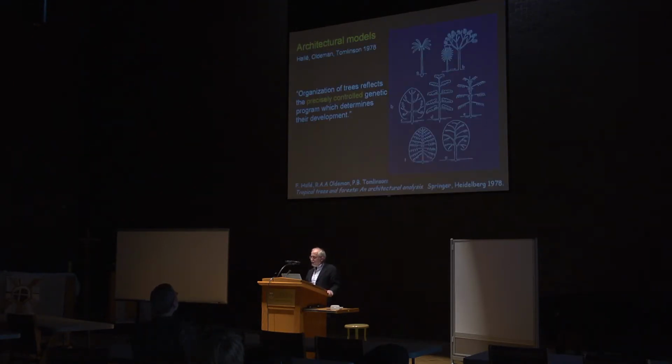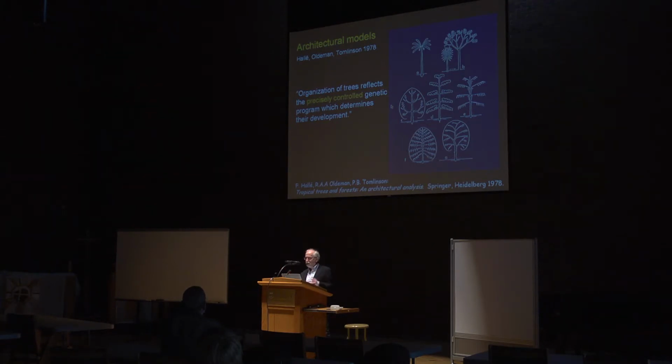A little bit later, three biologists wrote a very famous book, Tropical Trees and Forests, an Architectural Analysis, in which they proposed what is known as architectural models of trees. They proposed 23 such models, which could be seen as a counterpart of the systems which I gave for racemes, cymes, and panicles.